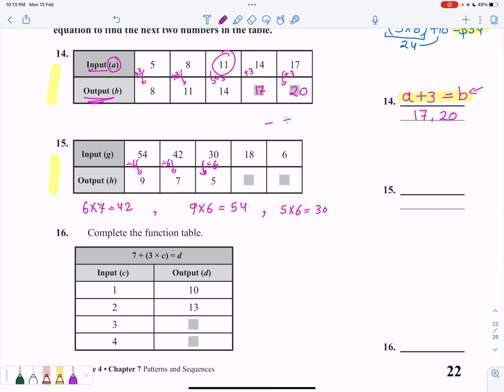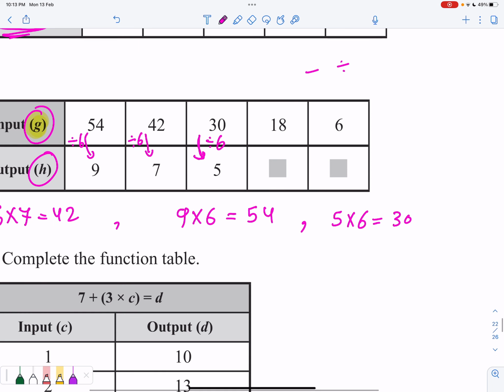So we're taking the input, which is written here as g. I take the g, the input, and divide that by 6, so I get the output, which is h. So this is what is happening, we're dividing. So this means that you need to divide the 18 by 6 to get the next number.